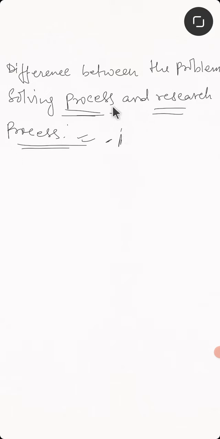So we'll discuss this. Both are processes, first of all. Mind it. Problem solving process is also a process and research process is a process. That means both involve steps.